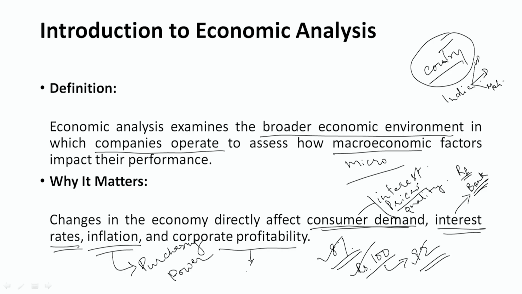Then you can obviously see that infrastructure-dependent companies would be making profit: companies related to dam construction, road construction, housing, cement, and the steel industry. All of these would do good profit in such economies where there is a focus on infrastructure development.